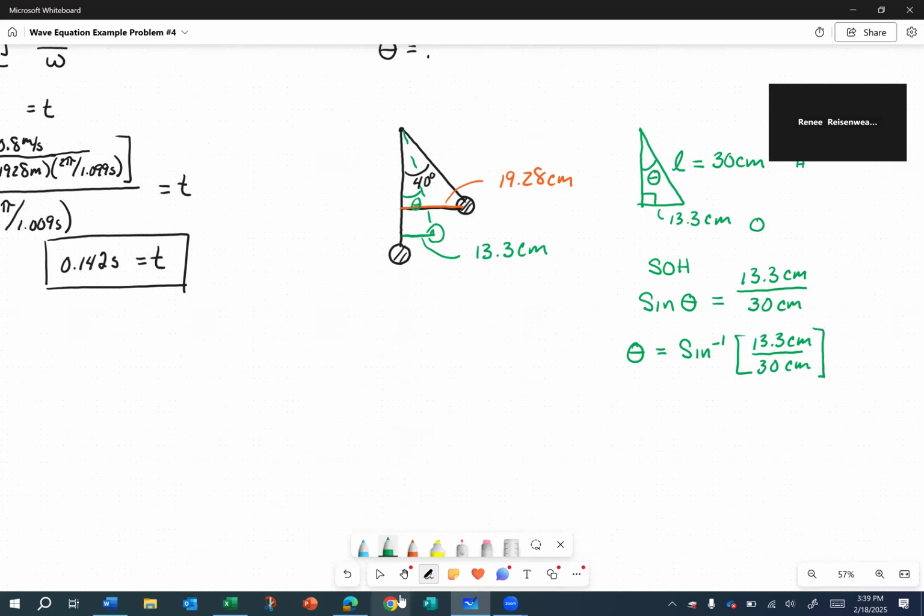For this, we can go back to our degree mode so we get our answer in degrees. You can keep it in radians, but that would just give you your answer in radians. We're going to go with degrees, and I get 26.32 degrees.